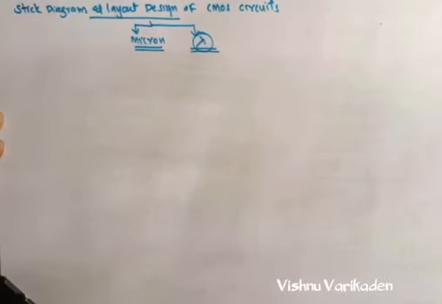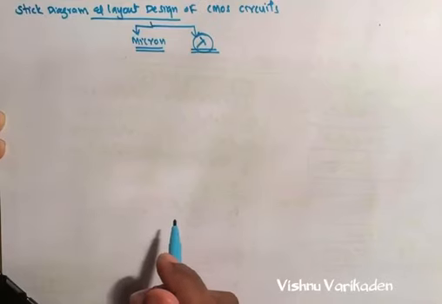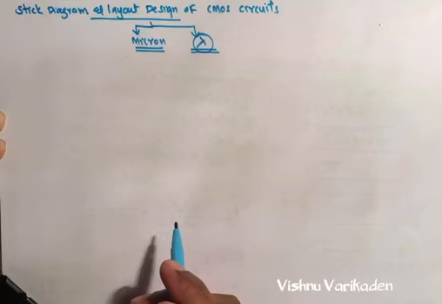So now we can make a table for the different colors of the stick diagram and the sizes of layouts in VLSI. After that, we can make the circuit designs, the stick diagram and the layout designs.